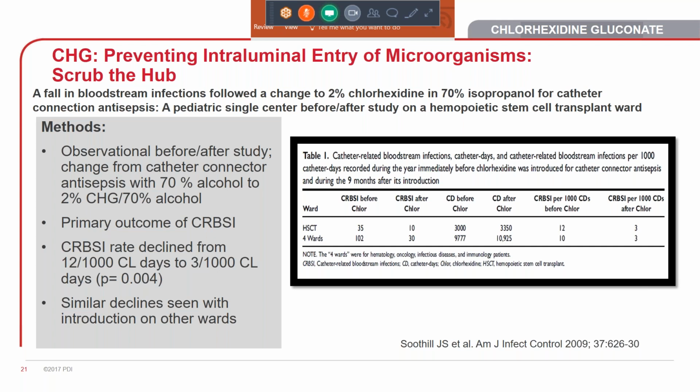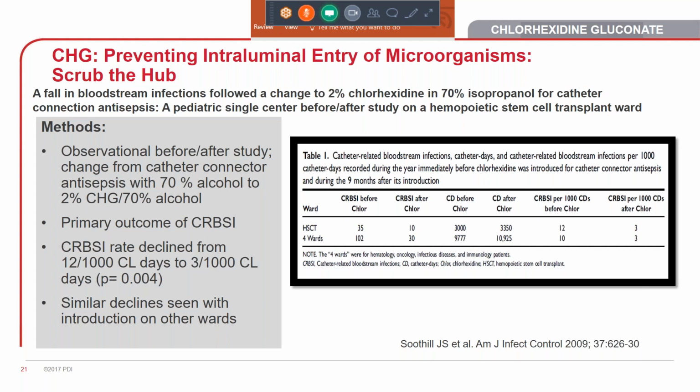Their primary outcome was catheter-related BSI, and they did calculate rates per 1,000 catheter days, and they compared their data to the year immediately before chlorhexidine was introduced, and then during the 9 months after its introduction.